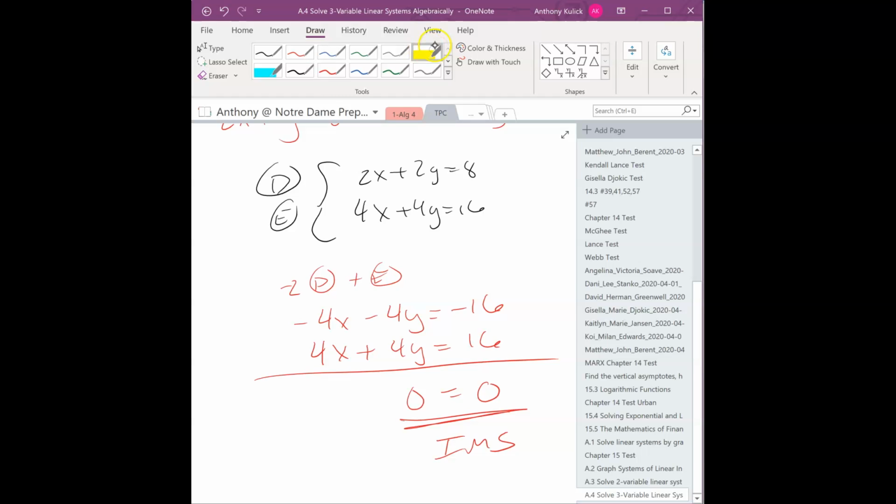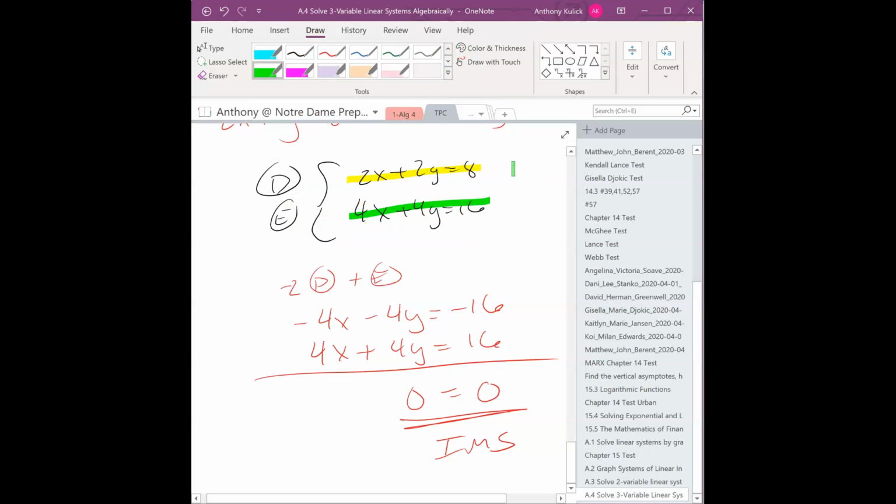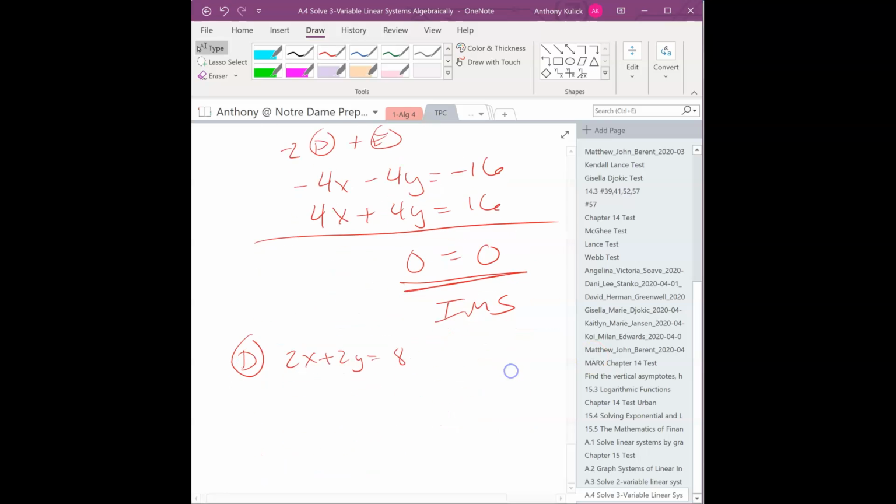So to do that, what I'm going to do is I'm going to pick either equation D or equation E. It doesn't matter. For the sake of argument, I'm going to pick D. And I'm going to isolate one of the two variables there. It doesn't matter if I get the x by itself or the y by itself. For the sake of argument, I'm going to get the x by itself.